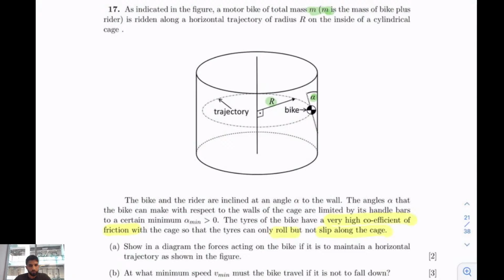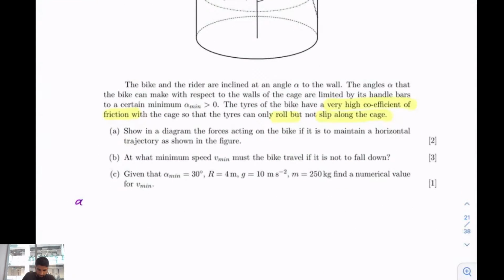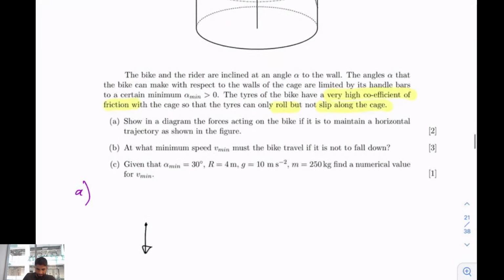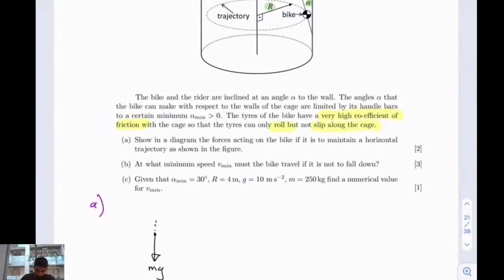First part of the question, showing a diagram of the forces acting if it is to maintain horizontal trajectory as shown in the figure. So for part A, we want to draw a free body force diagram. We are going to have, as always, our weight. That's going to be mg. Because the bike is in contact with the surface, there is always a reaction force, and we are given the angle of the bike.